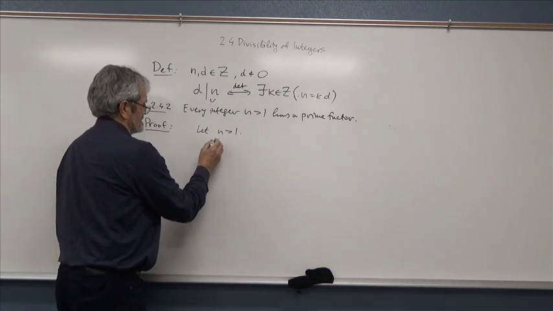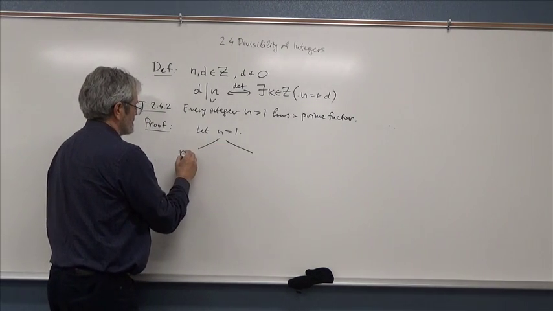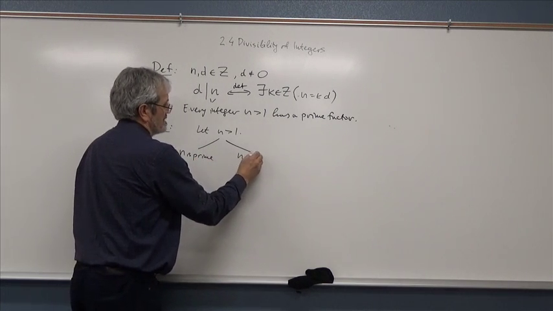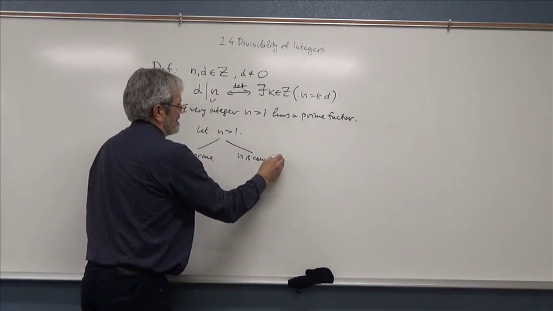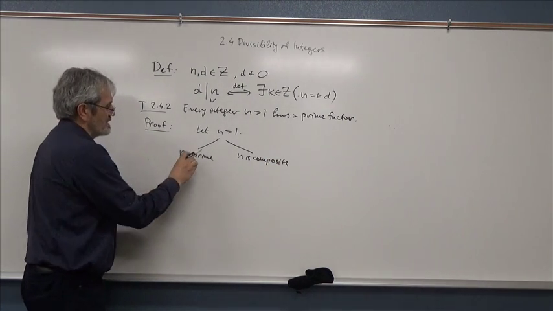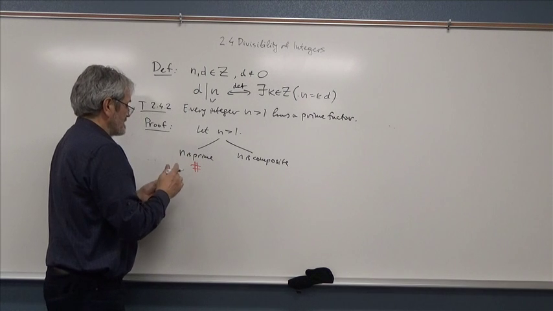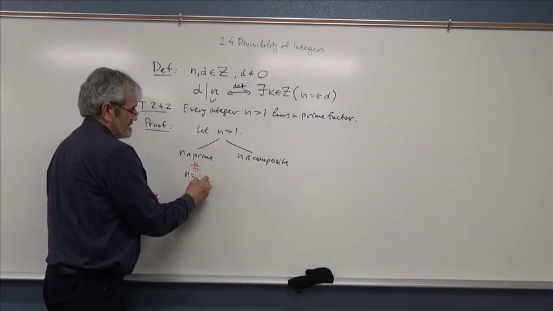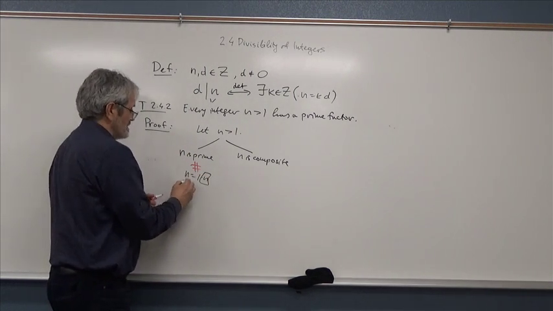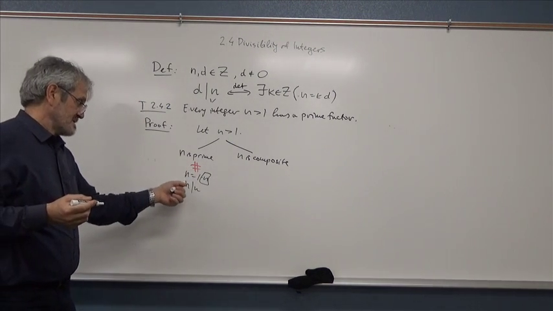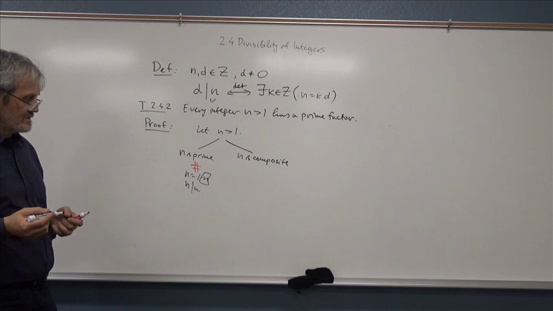So there are two options. n is prime, or n is composite. If n is prime, we are done, because n is its own factor, so n equals 1 times n, n is prime, so n divides into n. As long as it's prime, that's its prime factor.